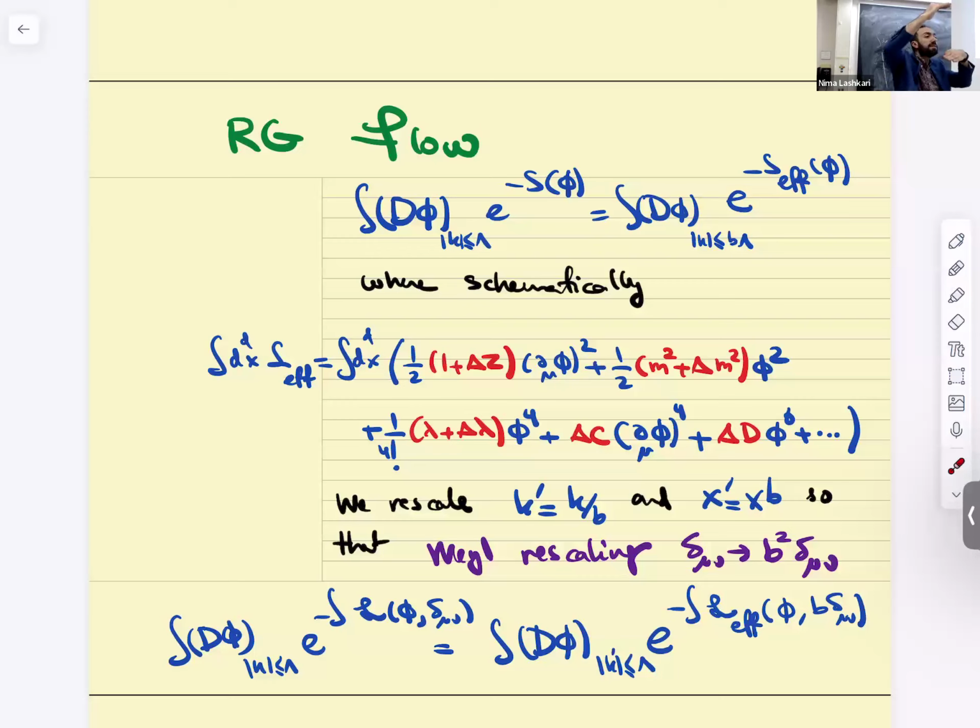The physical thing is what happens if you keep the cutoff fixed, but change the value of your renormalization scale, if you normalize your field at different scales. That is what we're after. So we're after the dependence of the couplings on the renormalization scale, not on the cutoff. That's why in the next step, we rescale things back so that the cutoff is back to what it was.